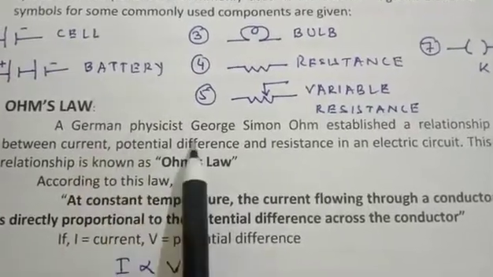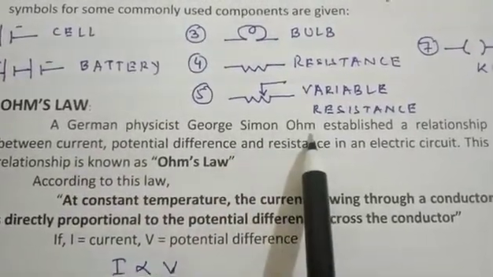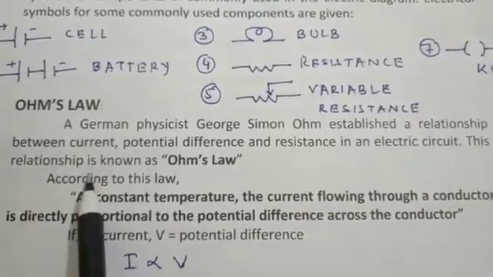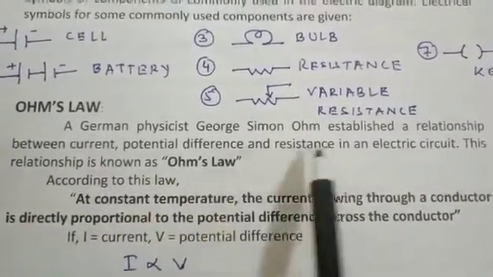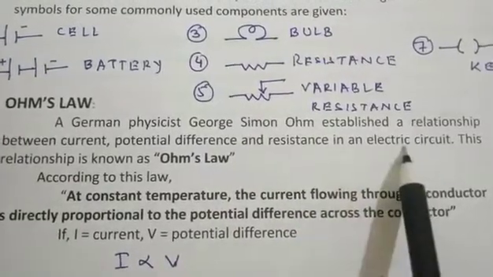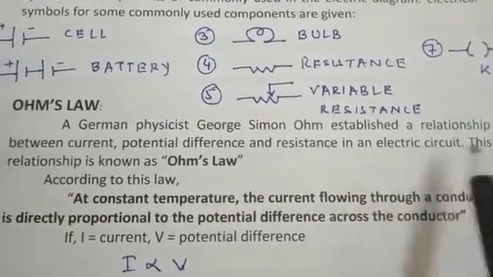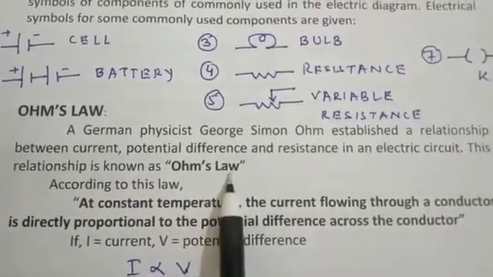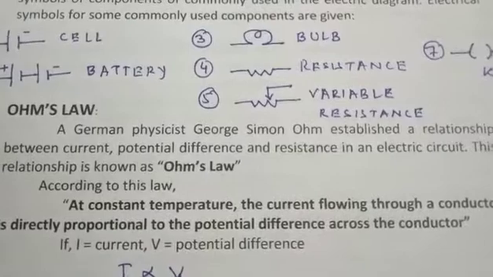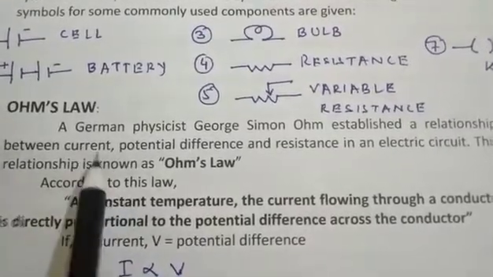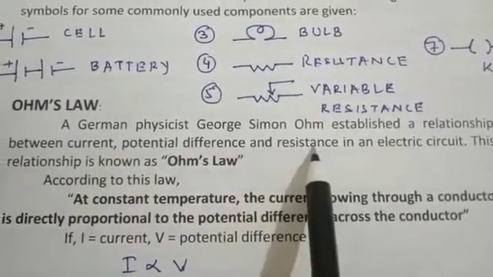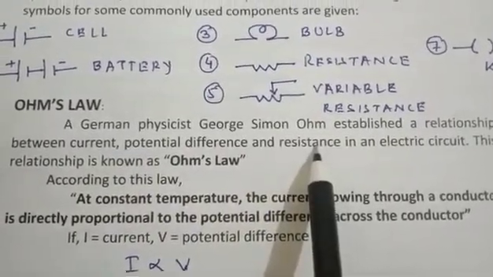A German physicist, Georg Simon Ohm, established a relationship between current, potential difference and resistance in an electrical circuit. This relationship is known as Ohm's law. That means he was the scientist who created the relation between current, potential difference and resistance.